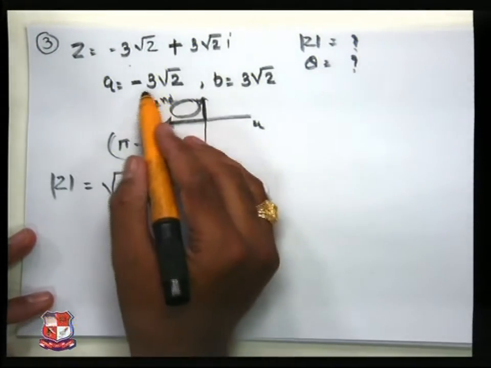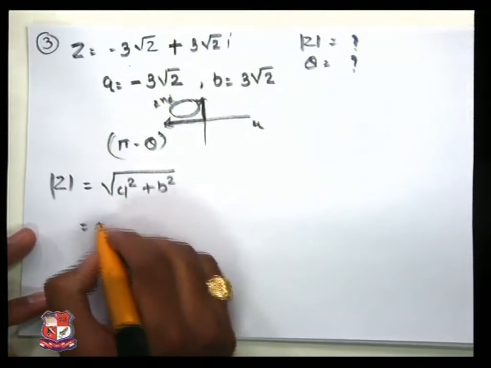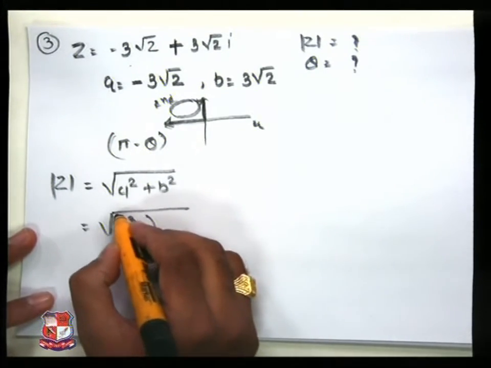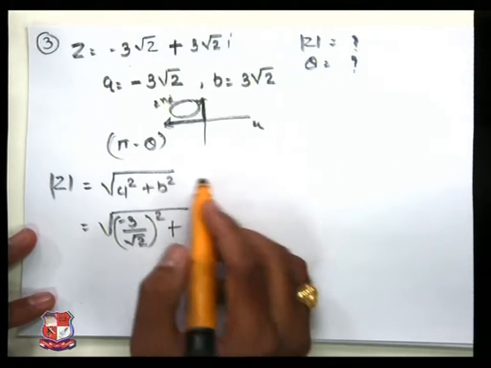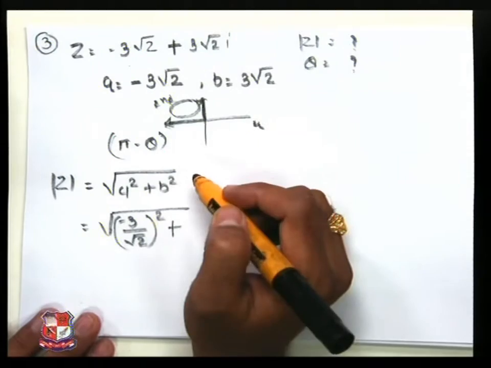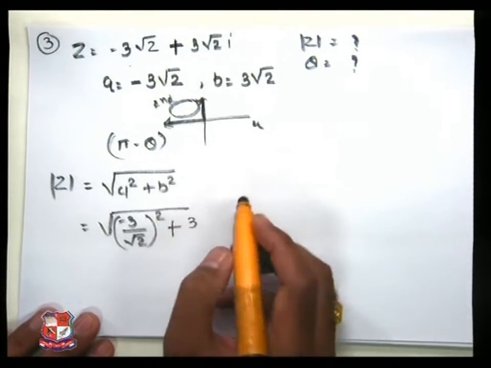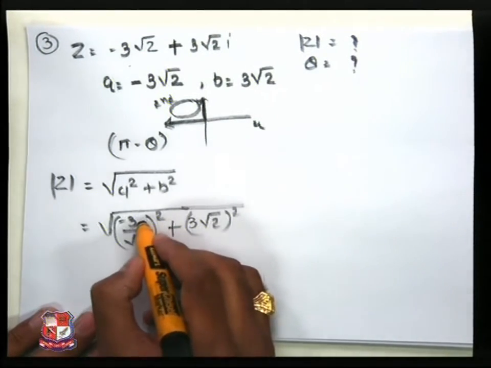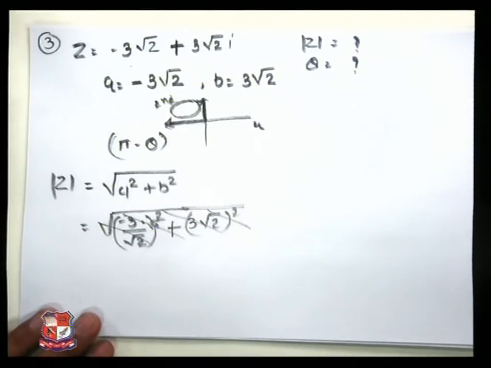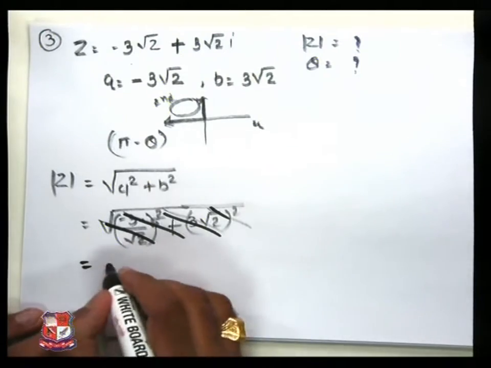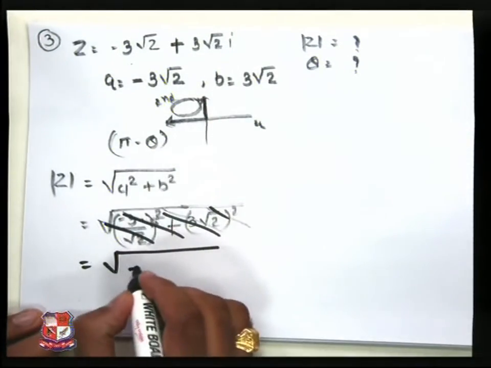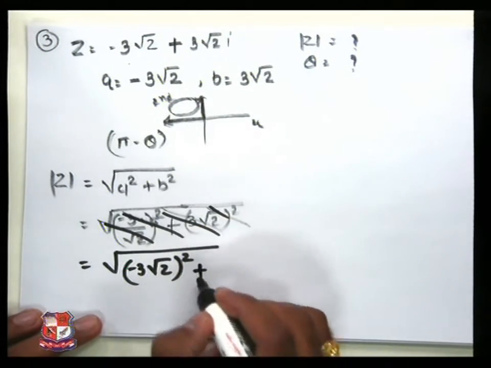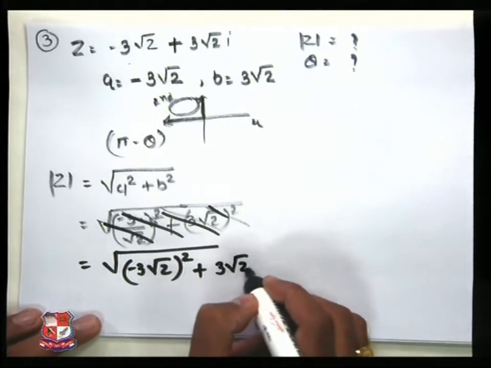Now the a value is minus 3 under root 2, so replacing it here, under root of minus 3 under root 2 whole square plus b, that is 3 under root 2 square. Here we just do rough work: minus 3 root 2 square plus 3 under root 2 square.